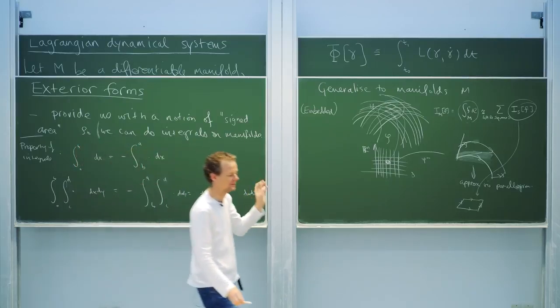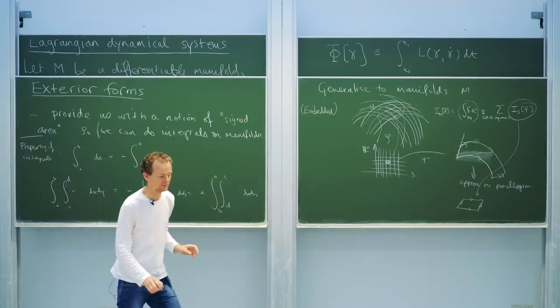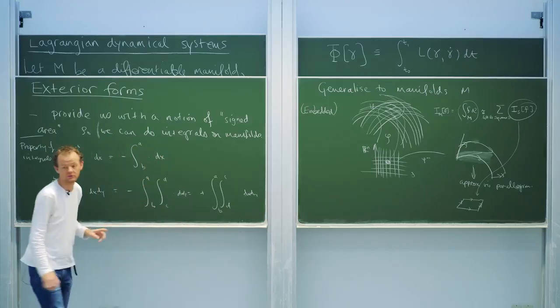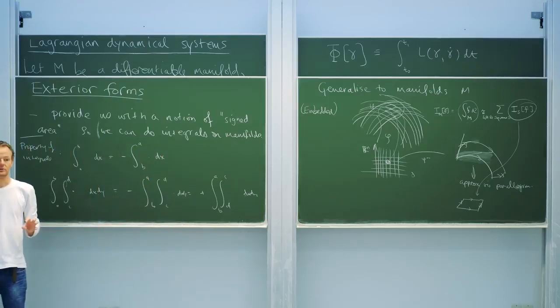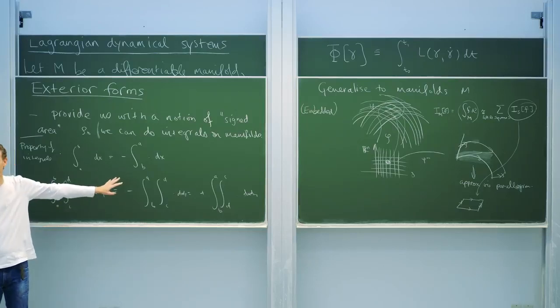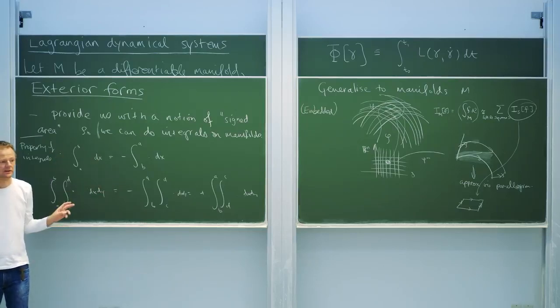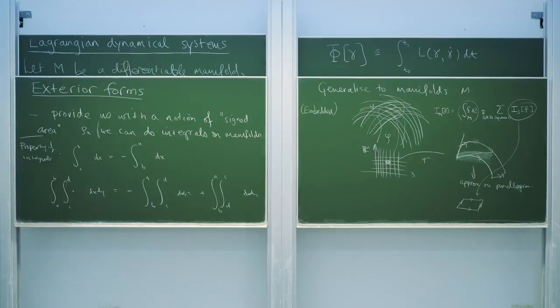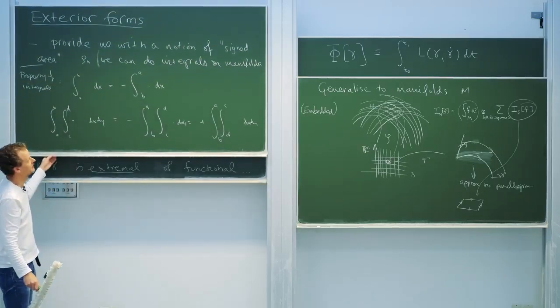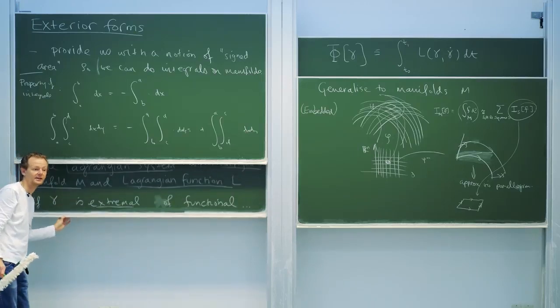Those are the properties that we're going to take to build things called exterior forms or differential forms, and these are the objects we're going to use to build integrals on manifolds. So this is one way you could build integrals on manifolds. It's not the right way. It'll turn out to match other ways you could think of doing it, and it will turn out to generalize our notions of integration in a natural way.